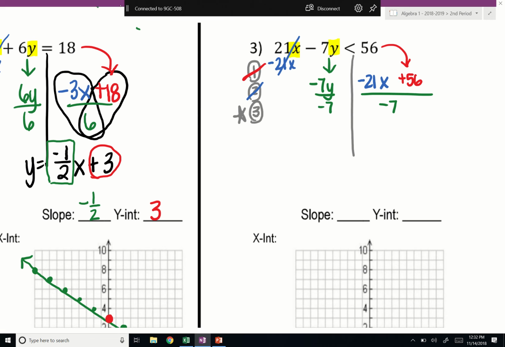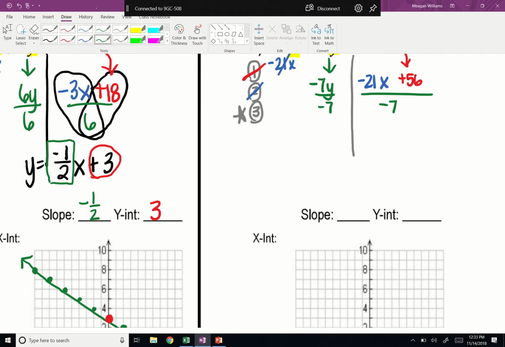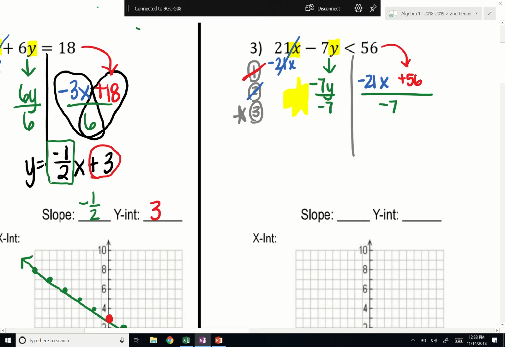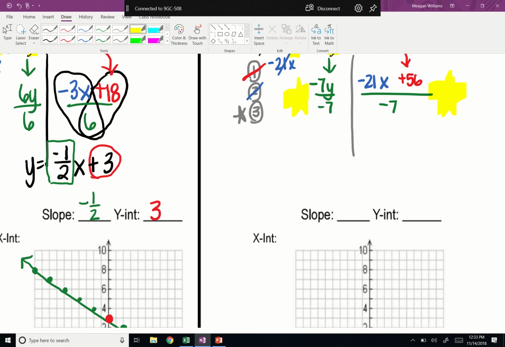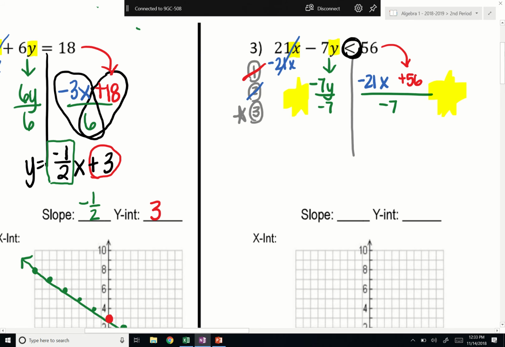We divided by a negative, so what do we have to remember? Flip this sign. So go back to your original problem.